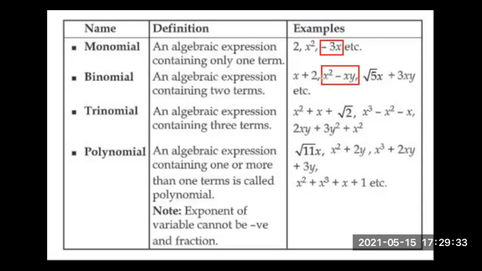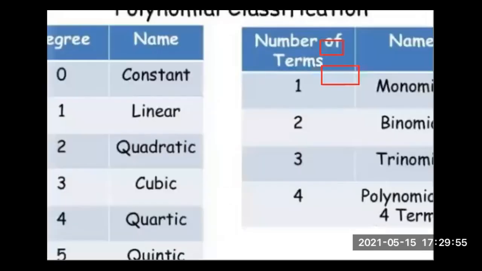Here x square is the first term and xy is the second term. In x square we have degree 2. If we have degree 2, we call it, as you can see in our earlier slide, a linear polynomial.